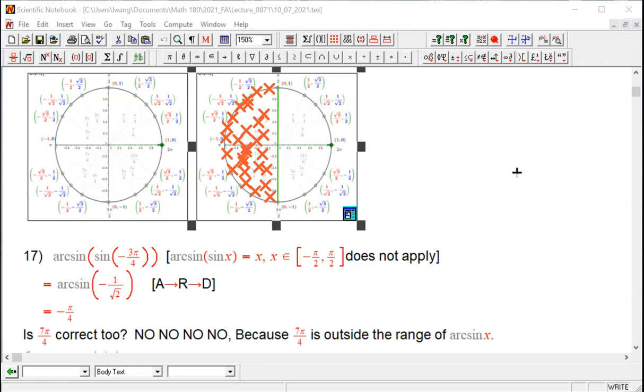Isn't that important? Any other questions? I will stay a little bit longer for you. No-flight zone means you don't fly over, you don't cross, never cross. With 7 pi over 4, you cross it. No, no, no. Got it?